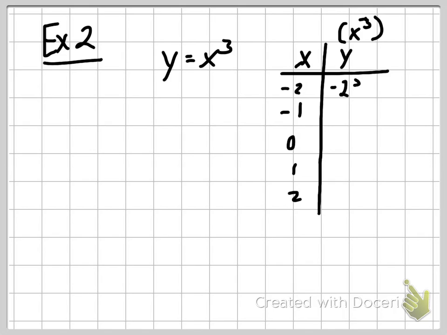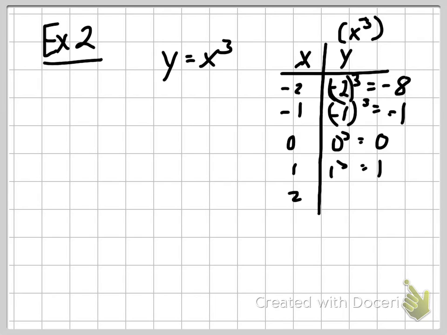So -2 cubed equals -8. -1 cubed equals -1. 0 cubed equals 0. 1 cubed equals 1. 2 cubed equals 8. So you'll notice here the signs change. It's not like with our quadratic functions, where the signs were the same for negative and positive numbers because it was squared. But cubed functions are not going to have the same signs.